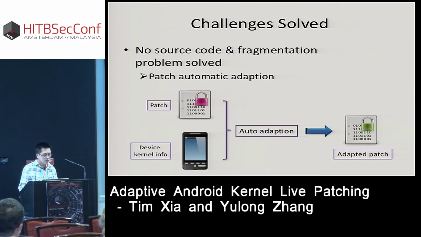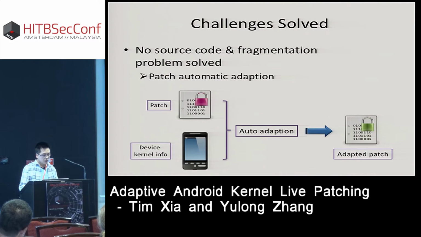So with this solution, the problem gets solved. Basically, we gather some kernel information from a device. Then we use the patch data, which could be a kernel module or some shellcode.